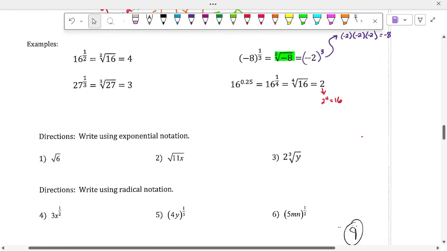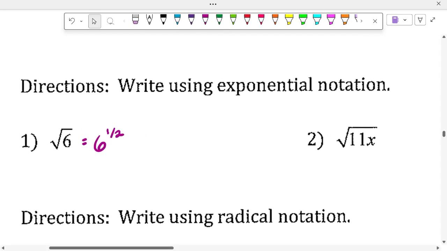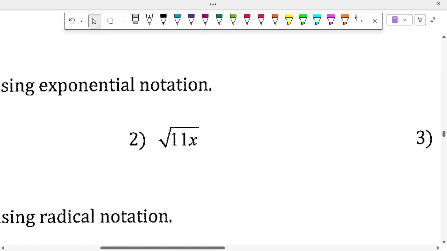All right, so if I wanted to write this in exponential notation, so in terms of exponents, the square root of 6 would be the same thing as what? How would I rewrite that as an exponent? 6 to the 1/2. That's all I need to write. What about the square root of 11x? Be careful about this.